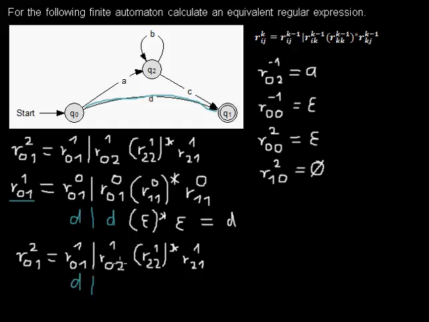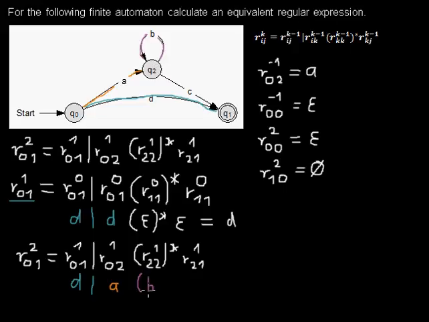And then here I have to fit in the regular expression that brings me from 0 to 2, where I'm allowed to go through 1, but, well, using 1 there's no other possibility than the direct way. So from 0 to 2, this is just an A. And then, well, I'm allowed to do any loop at Q2, which is this one.